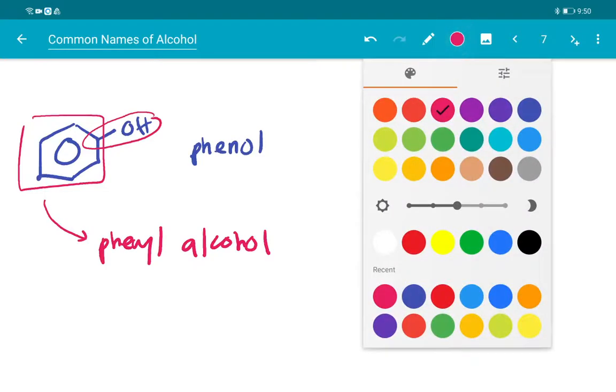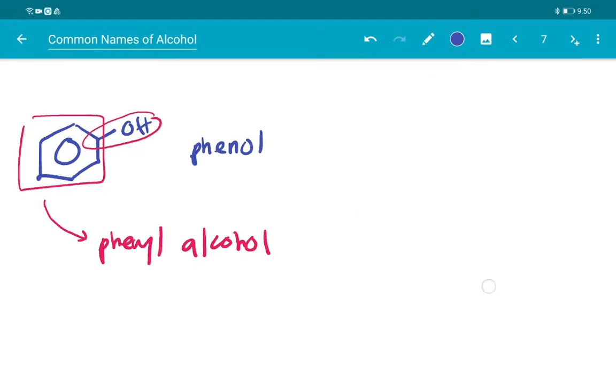For the last part of the video, I'm going to leave you with a question. How do you name this compound? You have a benzene. It is attached to a carbon first, and finally it is attached to the OH.